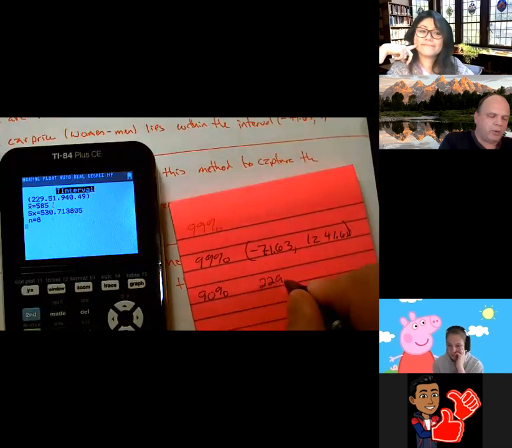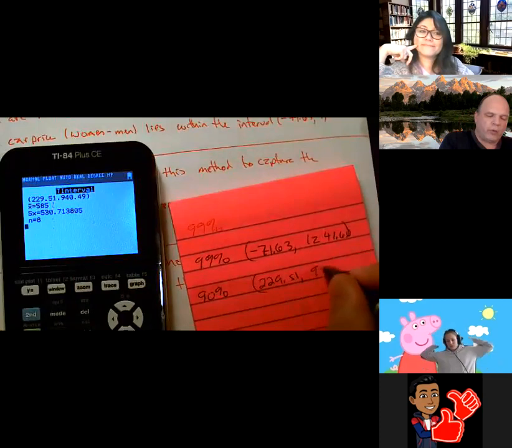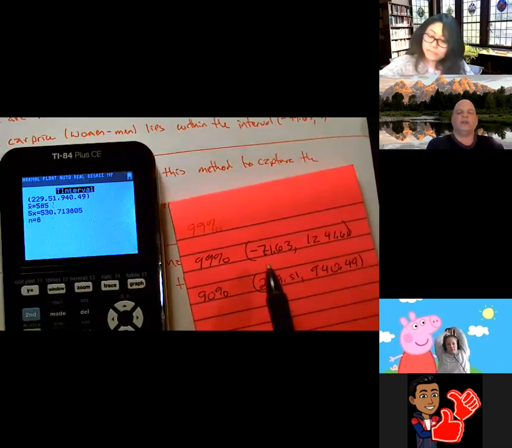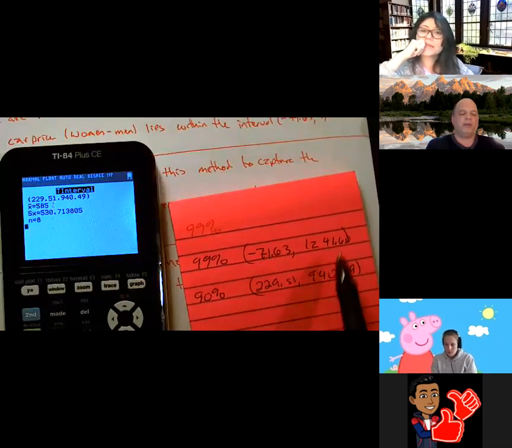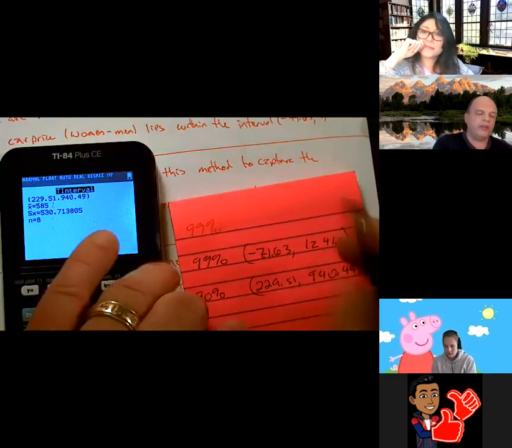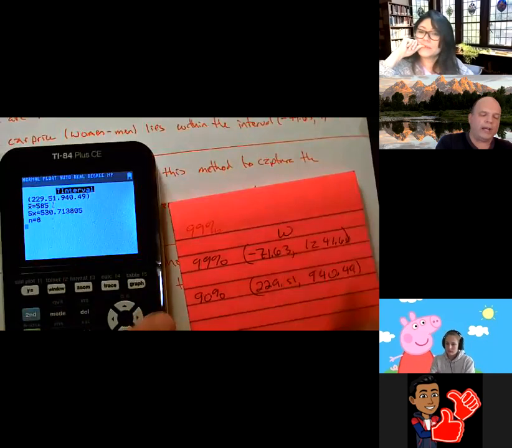I have 229.51 to 940.49. Well, notice my lower bound went up and my upper bound went down. So this one was wider than this one. This is narrower.